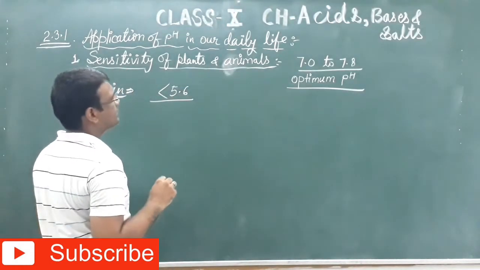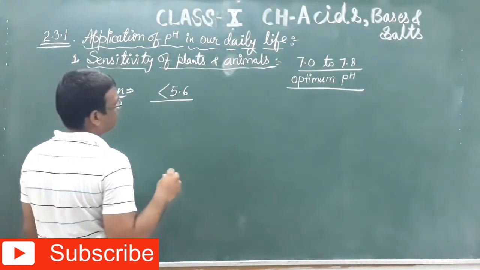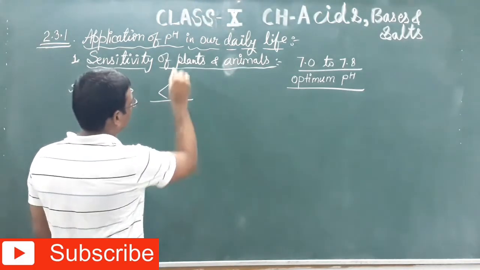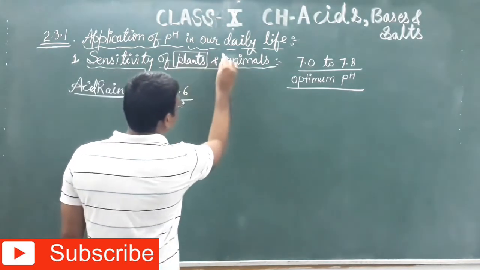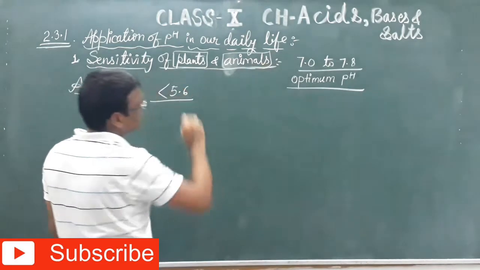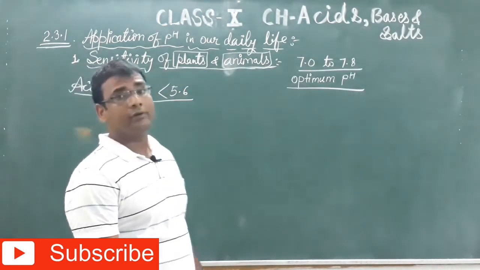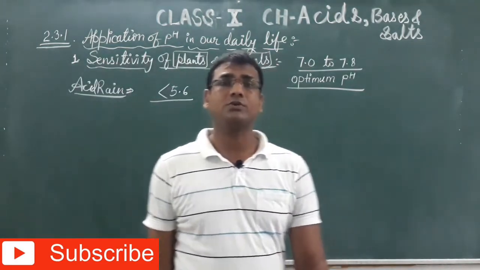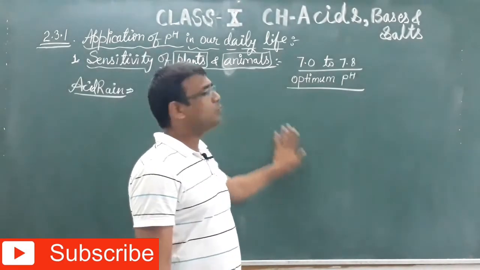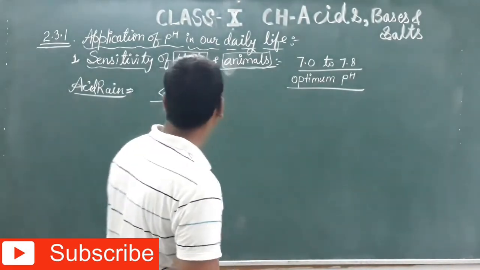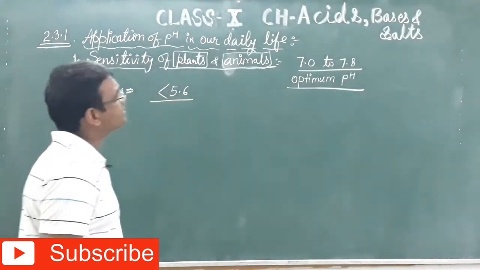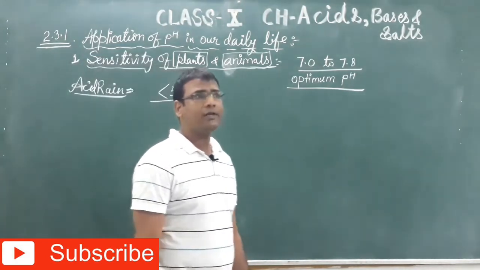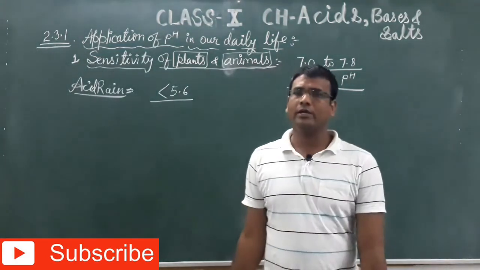That acid rain is very dangerous for plants, animals, and even non-living surfaces. So how does it affect the living world and the non-living world?